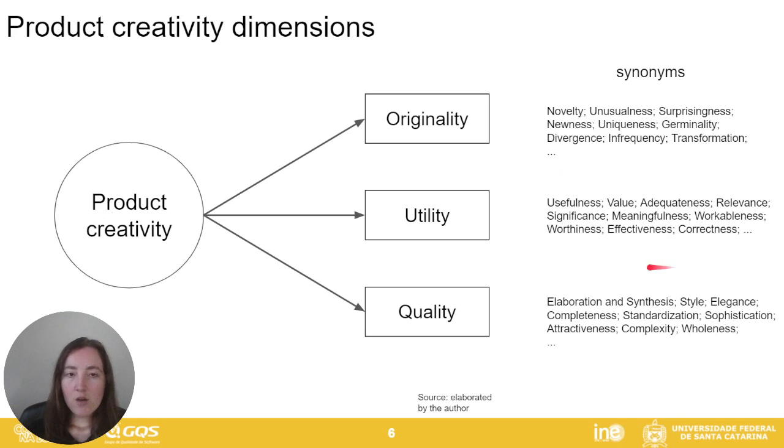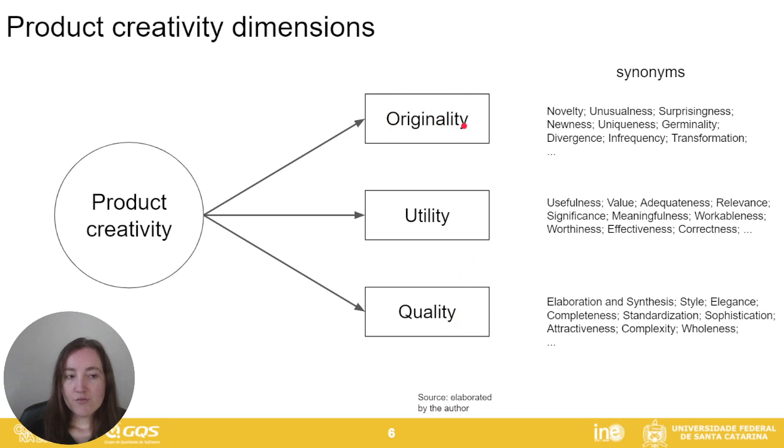Focusing specifically on product creativity, it is commonly divided into three dimensions: originality, utility, and quality. Those are considered by most authors as the most important dimensions of a creative product.